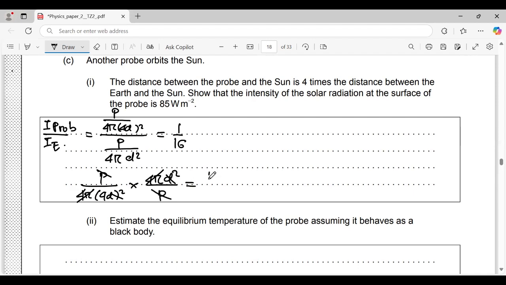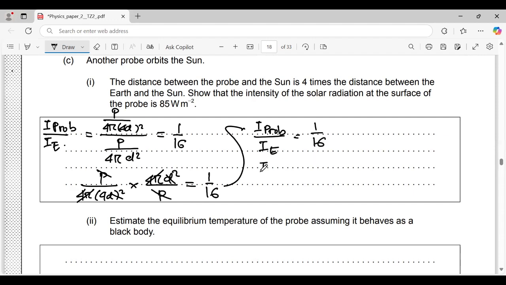So this is the proof that 1 over 4 squared is 1 over 16. It means the intensity of the probe over the intensity of Earth equals 1 over 16.